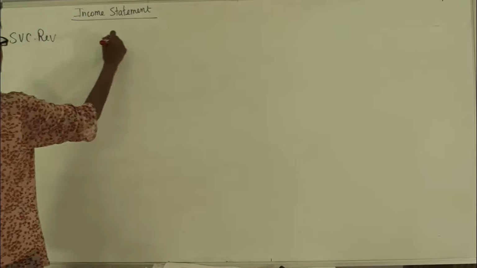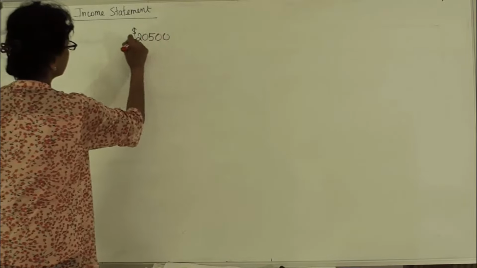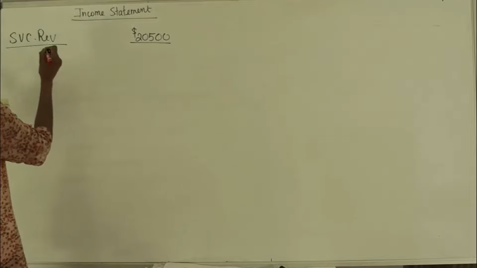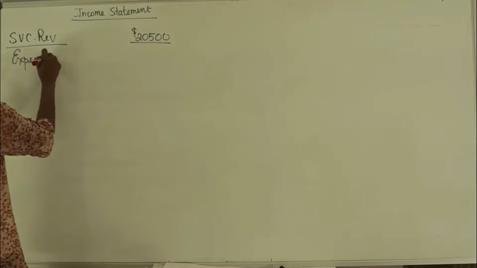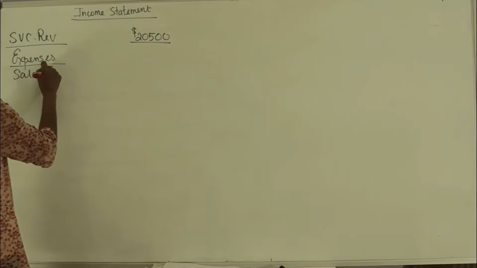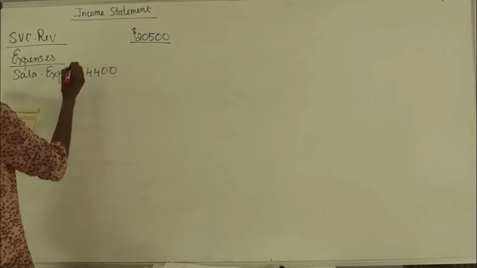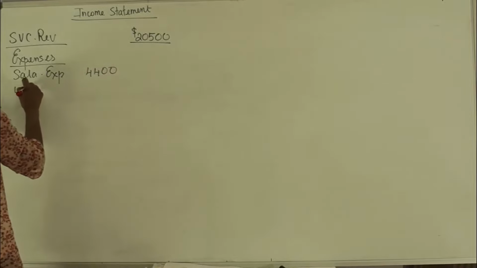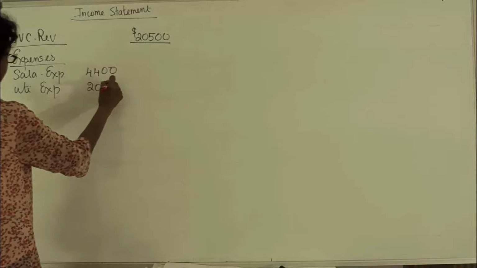Service revenue 20,500, and then you go to your expenses. You have salary expense 4,400. You have utility expense 2,000.